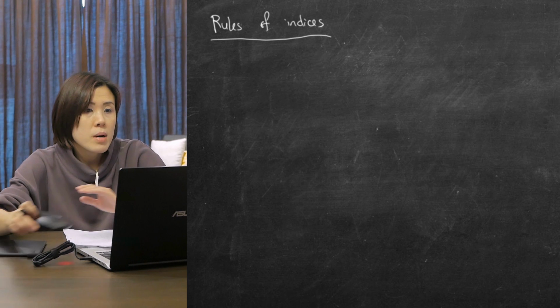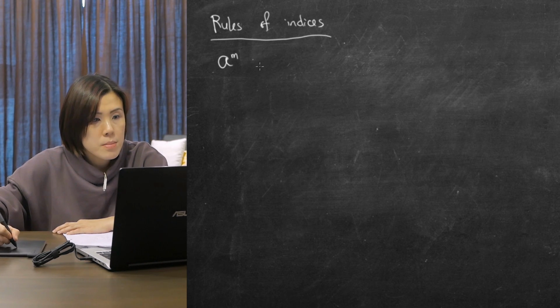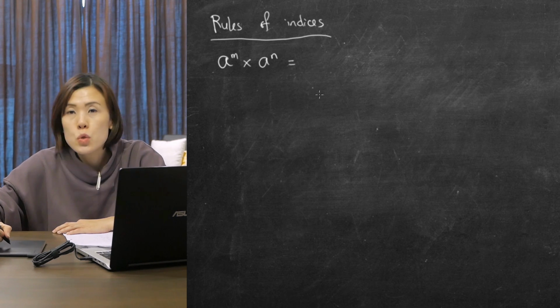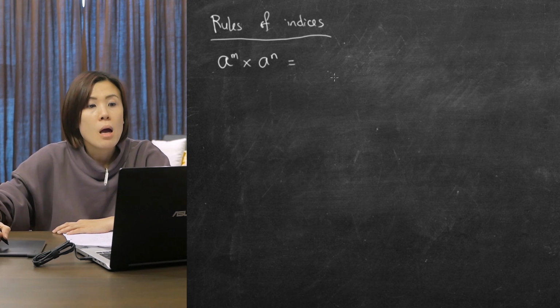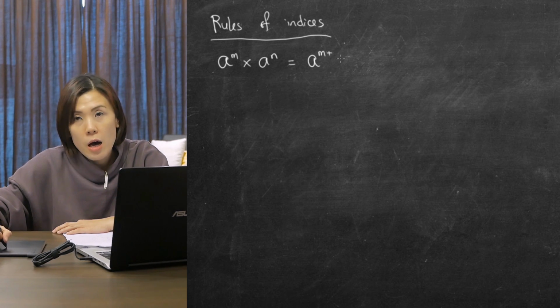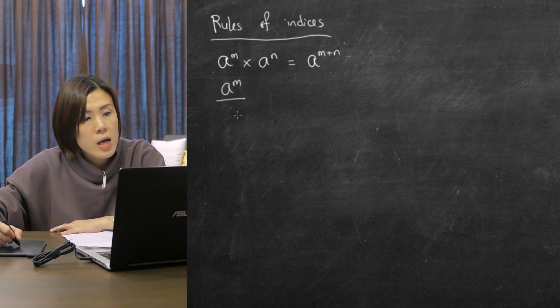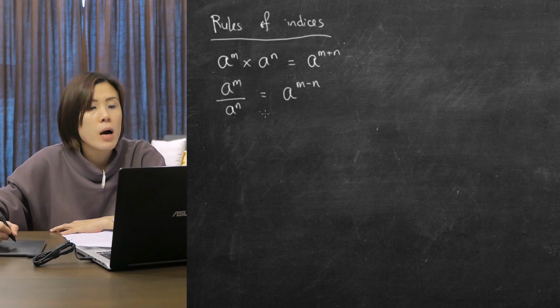I think everybody should know the first rule, which is a to the power of m times a to the power of n. These two indices can be simplified by finding the sum of their power. When we have a to the power of m over a to the power of n, this can be simplified by finding the difference of their power.